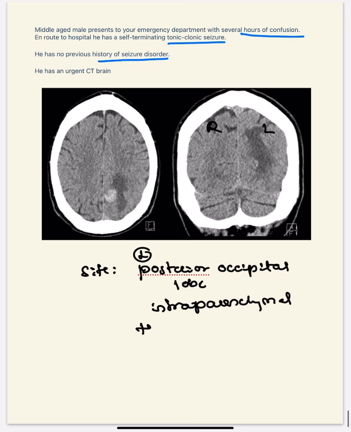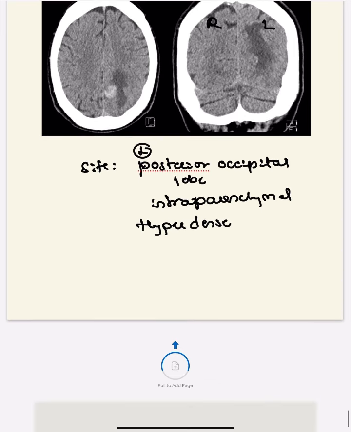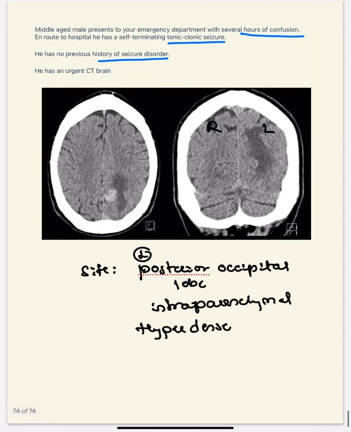It is a hyperdense lesion. A hyperdense lesion in a CT is a bleed. Look at this, there is a surrounding hypodense area, very clear here. A hyperdense area with a surrounding hypodense area means the hypodense area can be explained by edema.